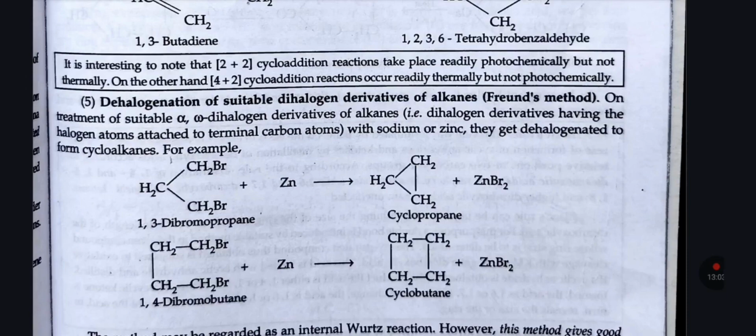Fifth, dehalogenation of suitable dihalo derivatives of alkanes, Freund's method. On treating a suitable alpha-omega dihalo derivative of an alkane, that is a dihalo derivative having the halogen atoms attached to terminal carbon atoms, with sodium or zinc, they get dehalogenated to form cycloalkanes.